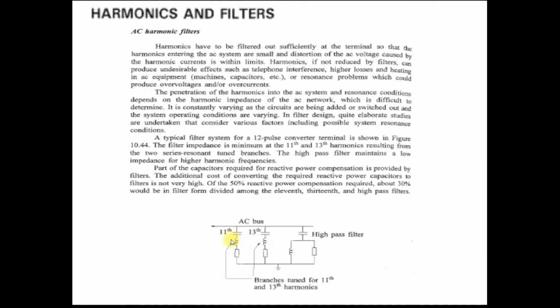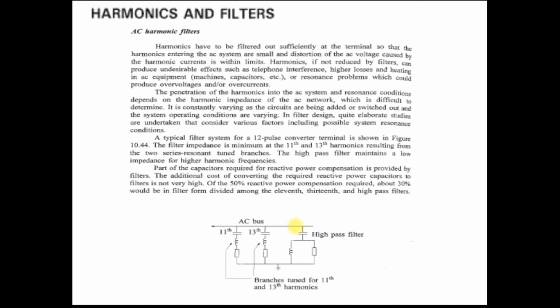It means that for the 11th and 13th order frequencies, this filter provides low impedance. Whatever 11th and 13th harmonics are at the AC side are easily grounded through this path. You can see here it is grounded. So that provides low impedance for the 11th and 13th order harmonics. For the remaining harmonics, the other higher order harmonics, we require the high pass filter.